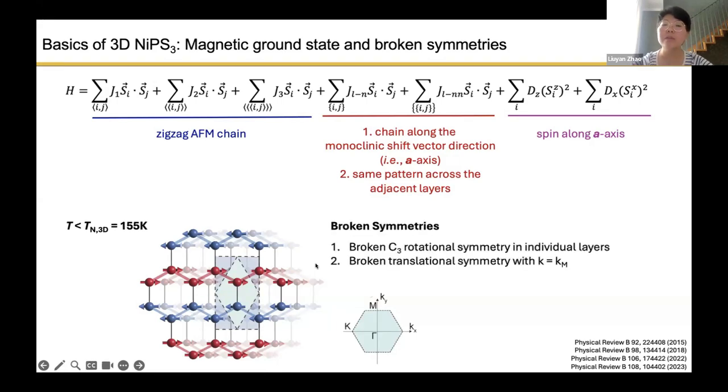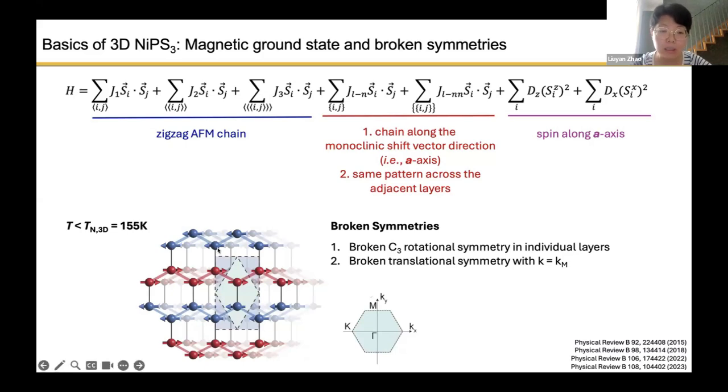Okay. From the symmetry perspective, we notice here, first, because this chain chooses one of the three zigzag directions, it will break the threefold rotational symmetry of individual layers. So breaking of rotational symmetry is the first note here.